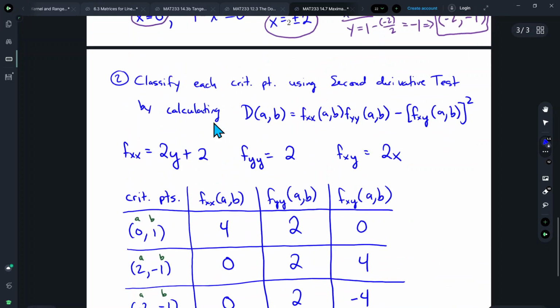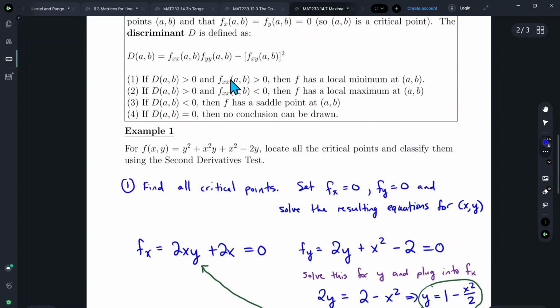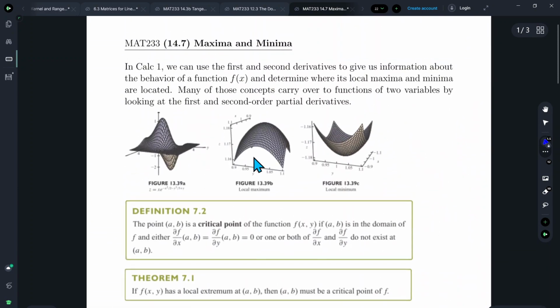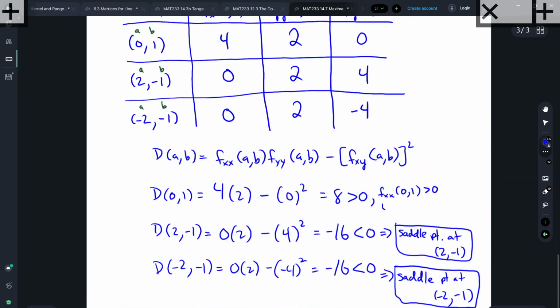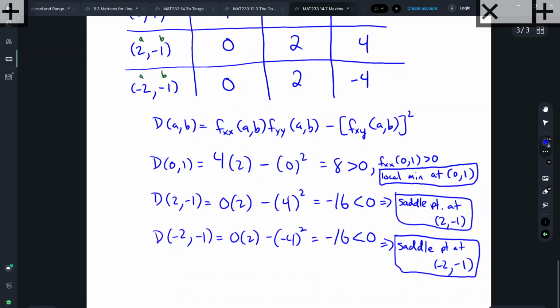So the discriminant is positive, and this is also positive. A concave up shape means you have a local minimum. It's essentially this shape here. So we have a local minimum at the point 0, 1. Okay, so we've classified all of the 3 critical points.